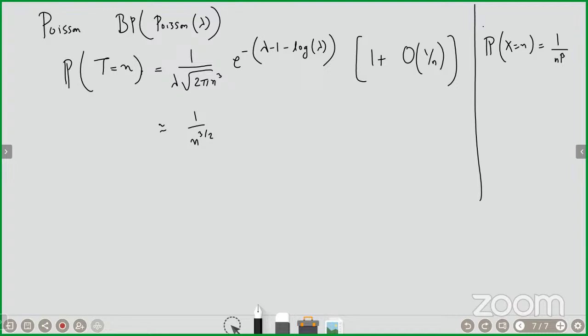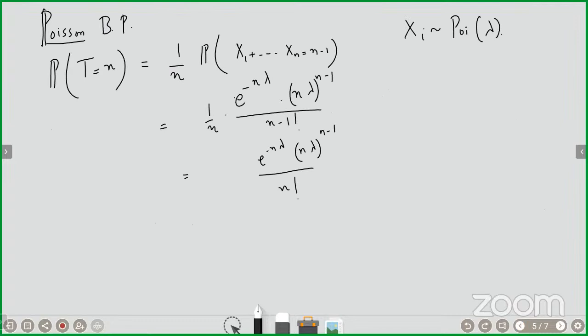This is the data from our application. How did we get this? Just take this formula and apply the asymptotics of the factorial. There's nothing interesting about it, but it's good to know that this formula can be simplified to look like this.